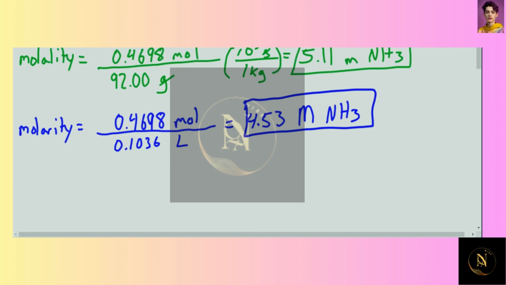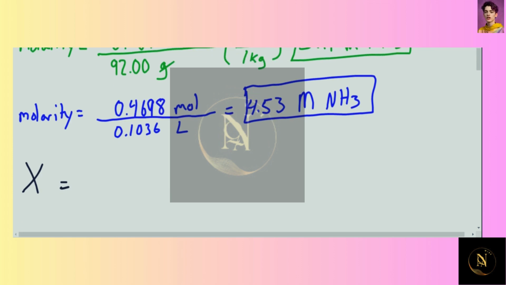And then lastly, we want to calculate mole fraction. So again, we're using the same value for moles for our numerator, 0.4698. And then on the bottom, we're going to have total moles.